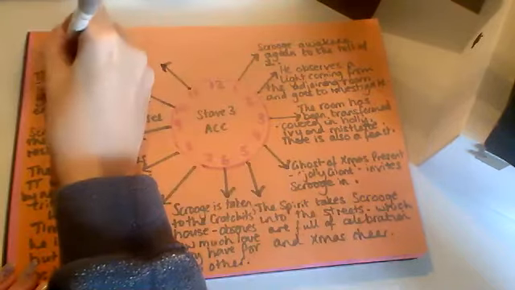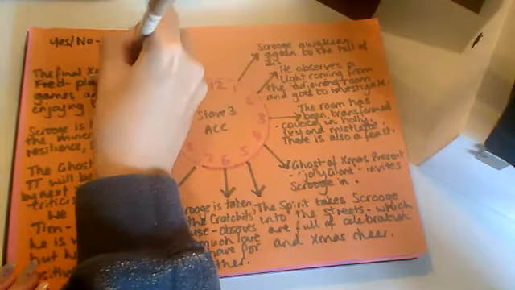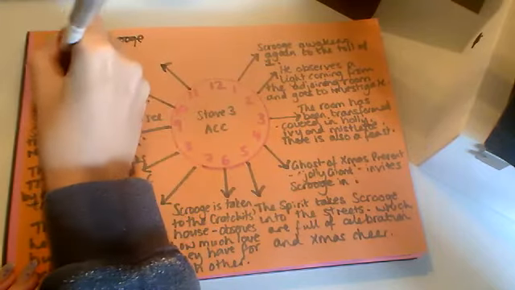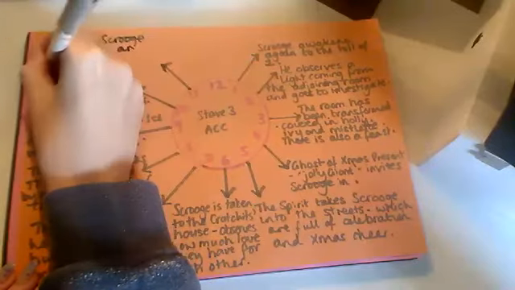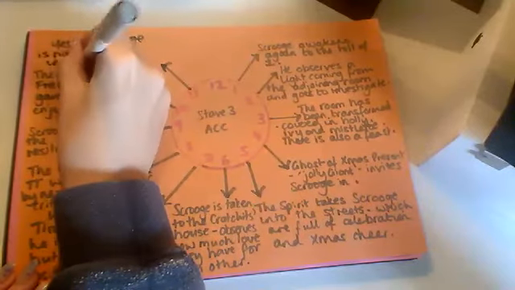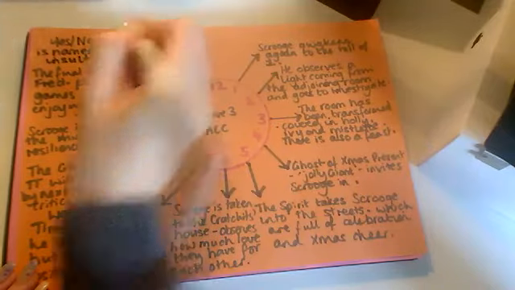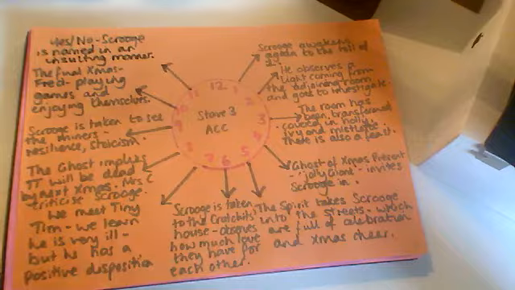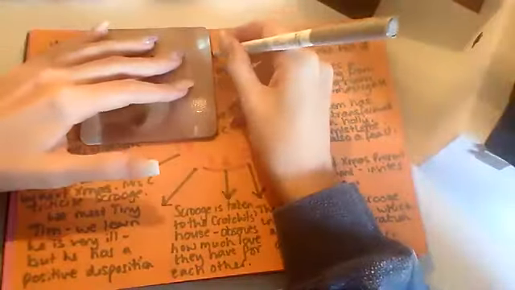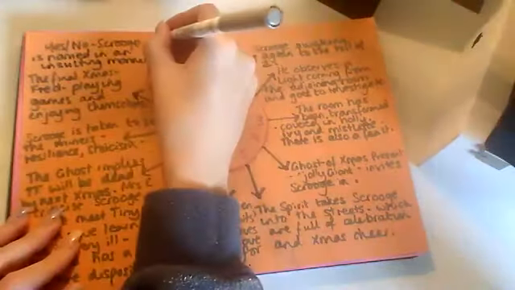So we've got the game of yes and no. Scrooge is named in an insulting manner. Okay, and then the final part of the scene, we've got Ignorance and Want.